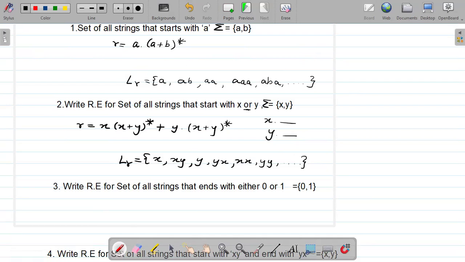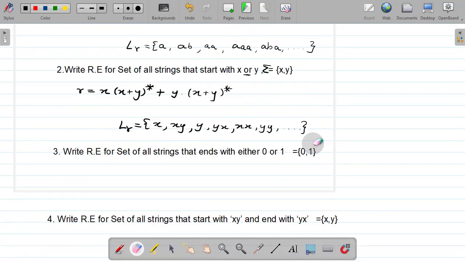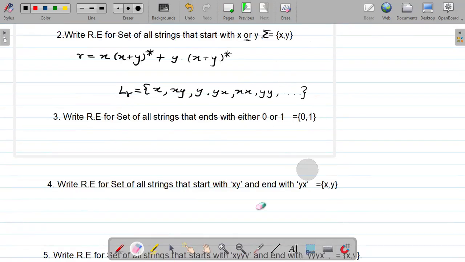So this is the regular expression for a set of all strings that start with X or start with Y. If you write down the strings that will get generated, it becomes easier for us to write the regular expression. It's not compulsory that you have to start with the regular expression. Both the things you should write. So we can start with the strings.